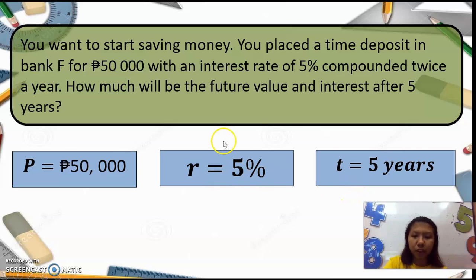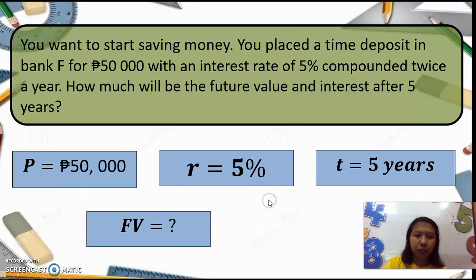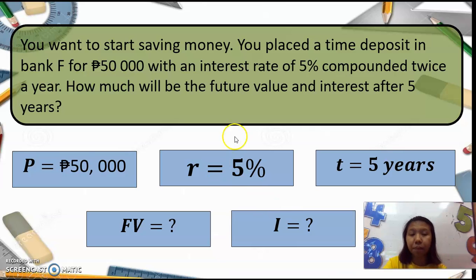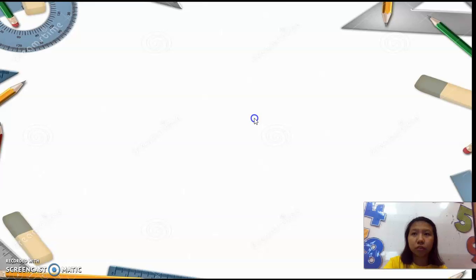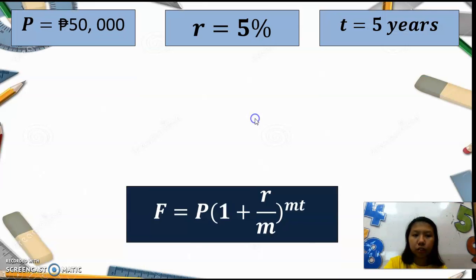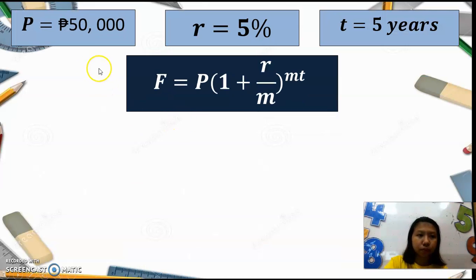Again, if the given time is in days, weeks, or months, we need to convert it first into years. Then let's compute for the future value and then the interest. So let's have the formula.